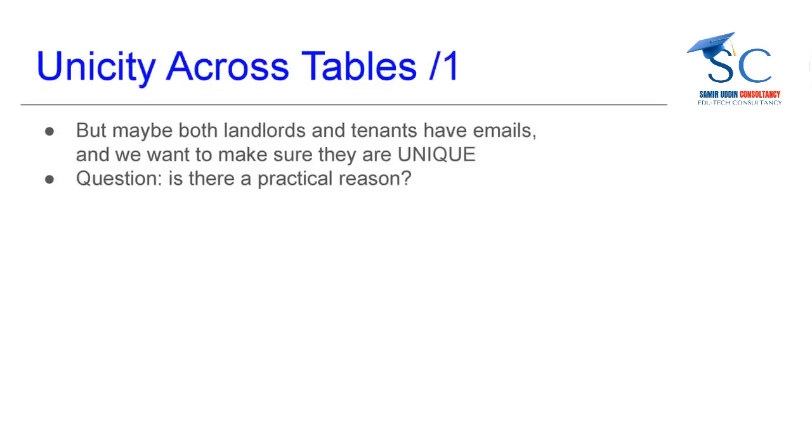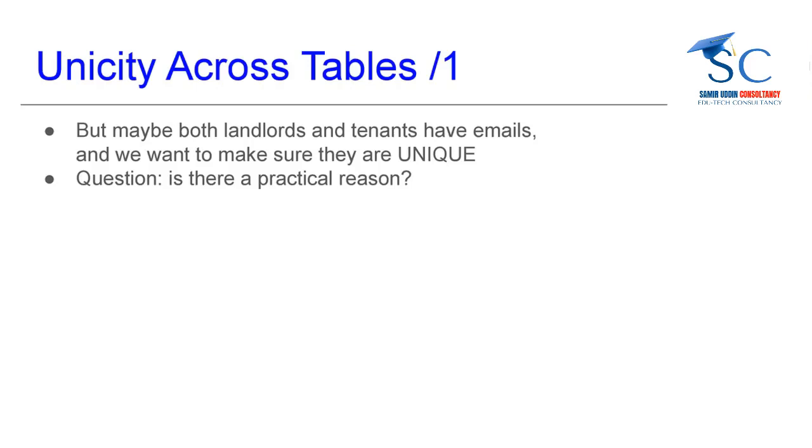So let's say that a reason why you may want to treat sometimes landlords and tenants as a single entity is that maybe you want to guarantee unicity over a certain column. Okay. So before talking about this, ask yourself, is there a practical reason for that?